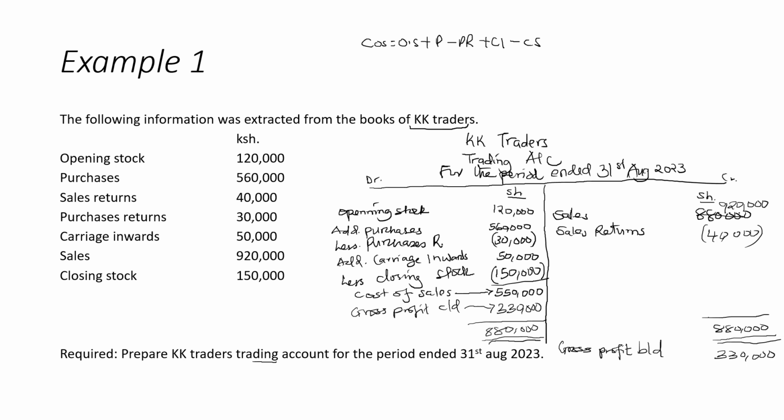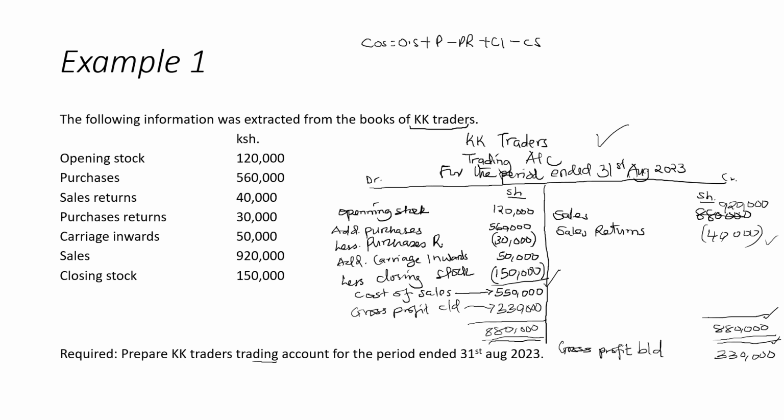So in this case, we have the title, the cost of sales, the net sales, and all this. You can see you have made your entries so well, and that is our trading account. From there we can see the gross profit brought down.